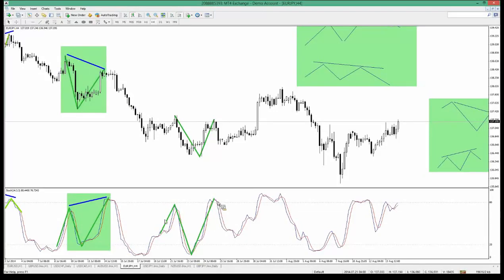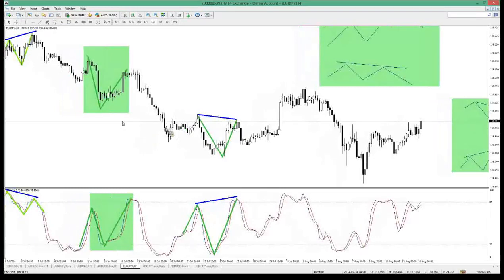So what we have is the opposite. This is why we call it reverse divergence. Very, very powerful stuff.